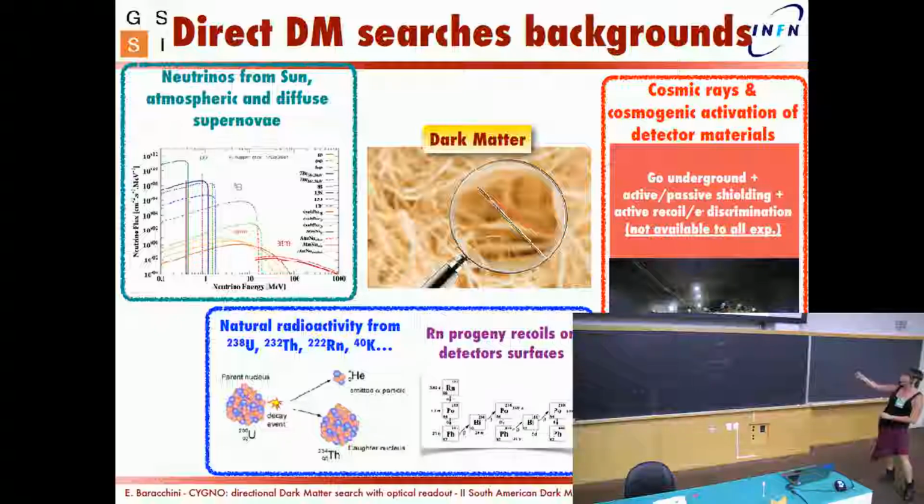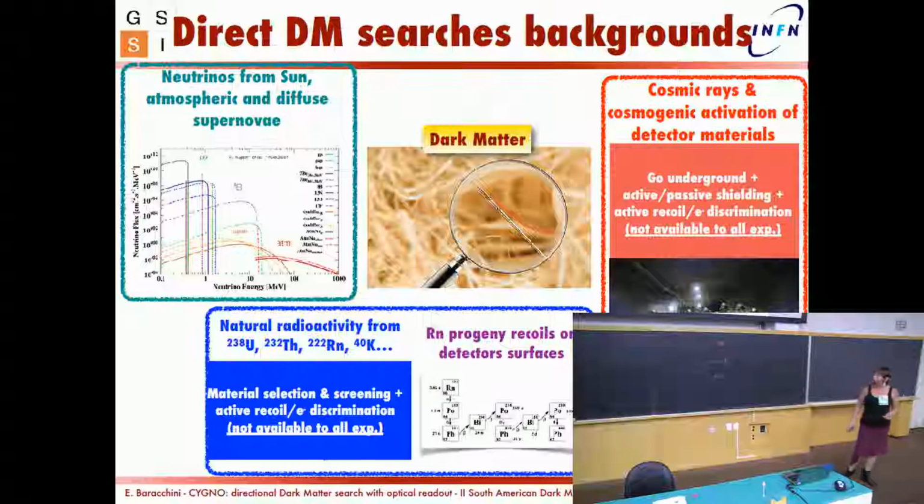Again, this is a picture of me in the Boulby mine, which was very cool to see, by the way. You can add active and passive shielding, but in the end what you will need is an active electron-nuclear recoil rejection, which is not available to every experiment, as different experiments have different performances. Then again, you have to fight the natural radioactivity, and with this you play with material selection and screening.